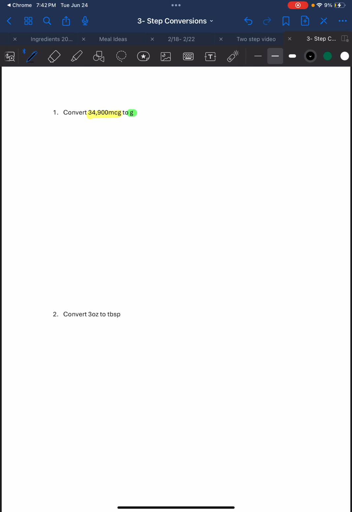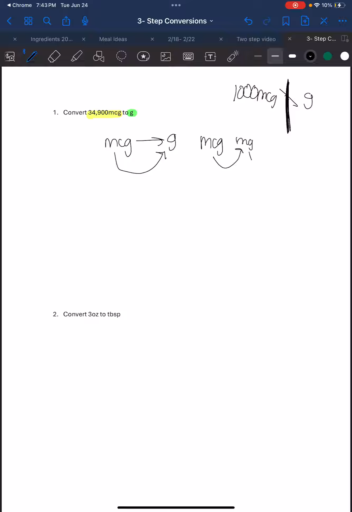So we know we need to get from micrograms to grams, but there's no conversion from micrograms to grams. For instance, we don't have 1,000 micrograms equals a gram. That's not a thing. So we need to insert a third step here to get to grams. Instead of going from micrograms to grams, we're going to have to go from micrograms to milligrams to grams.